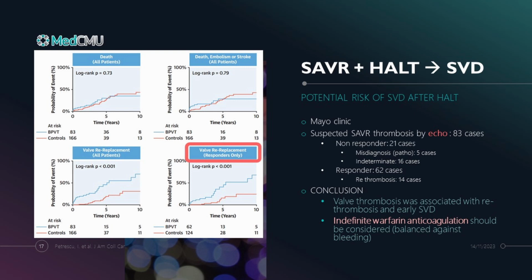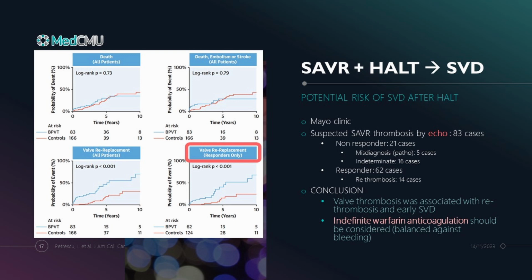However, there were responders in 62 cases, but there was an incident of rethrombosis in 14 cases. If you look at the long term, the probability of redo valve replacement, even in the responder group, the incidence of redo replacement is higher than in the group without. In conclusion of this study, valve thrombosis was associated with rethrombosis and early structural valve deterioration.